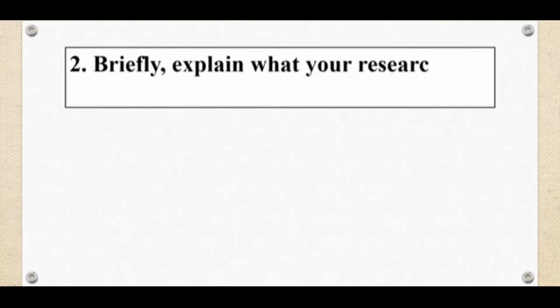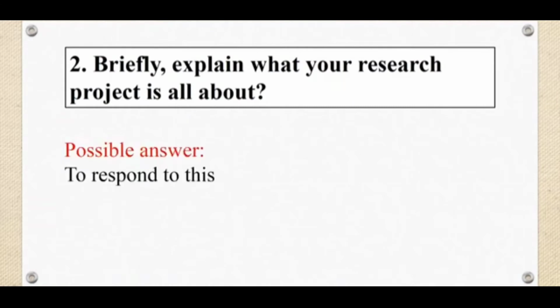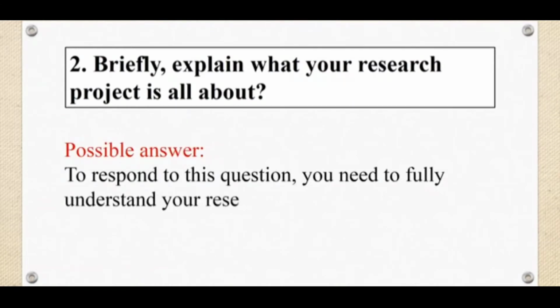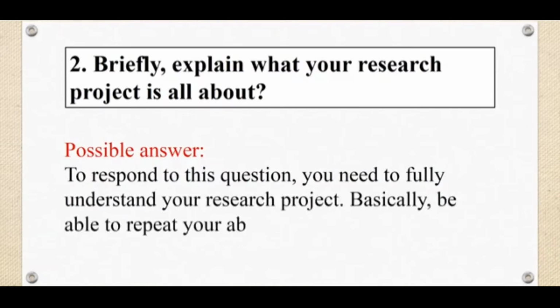The second question is: briefly explain what your research project is all about. To respond to this question, you need to fully understand your research project. Basically, be able to repeat your abstract.